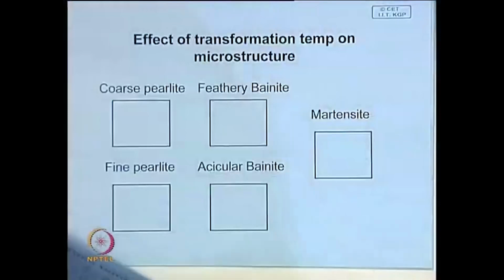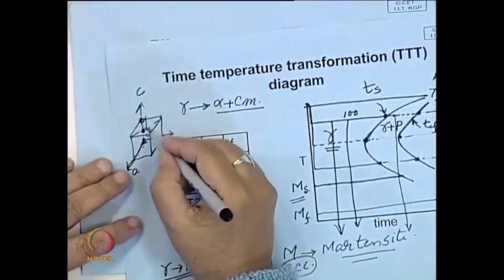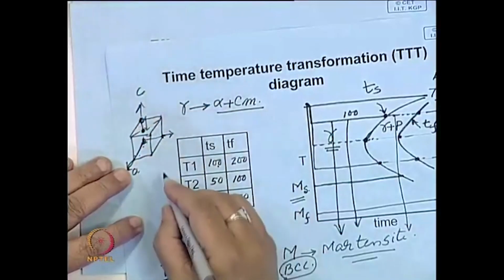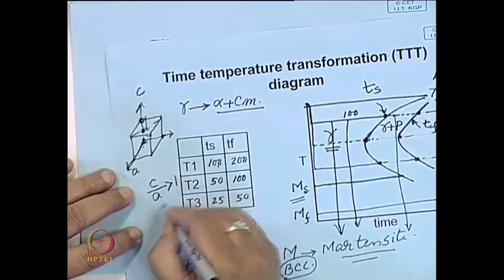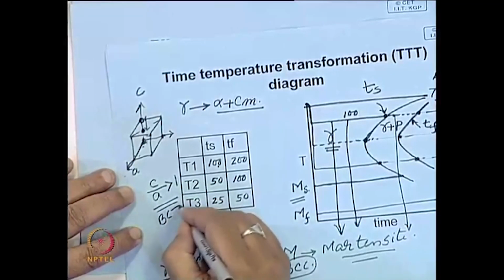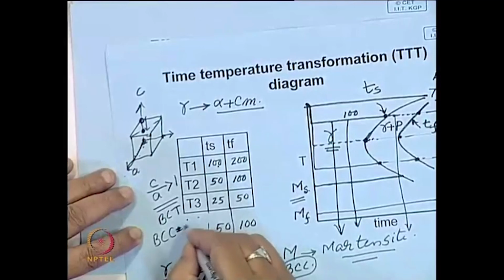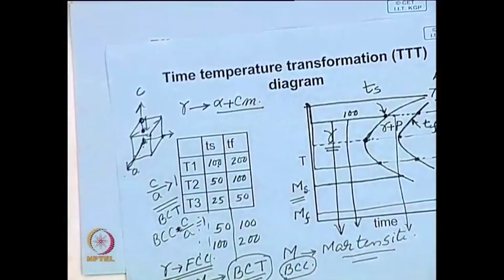So, therefore, this parameter will increase and C by A will be a little greater than 1 in case of a BCT structure, whereas in BCC the C by A ratio is 1. So, in one way one can assume that martensite is a supersaturated solid solution of carbon in alpha iron.